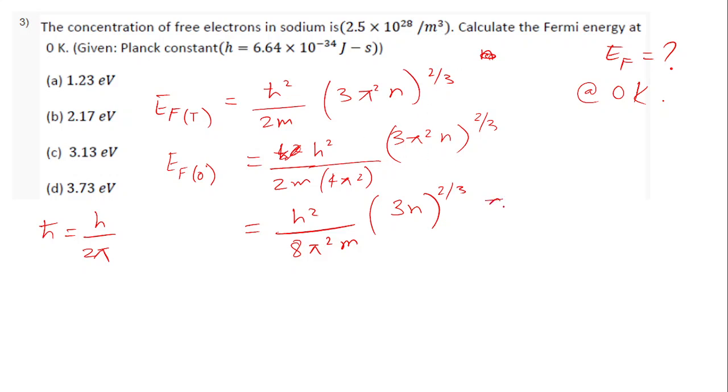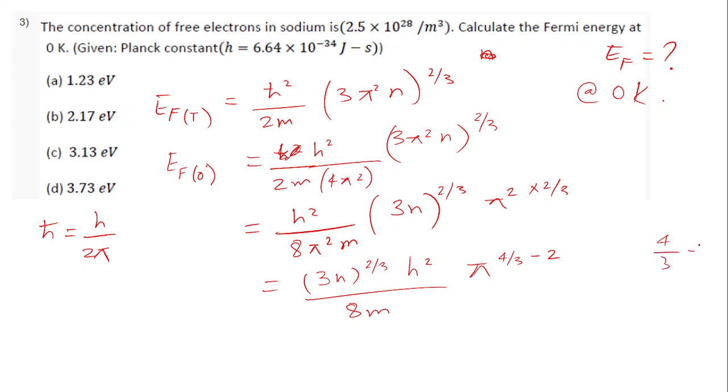So it will be pi square multiplied by 2 by 3, which means pi to the power 4 by 3, and we have pi square here. That means it will be 3n to the power 2 by 3 h square divided by 8m and pi to the power 4 by 3 minus 2, which means pi to the power minus 2 by 3, because 4 by 3 minus 2 is 4 minus 6 by 3, which is minus 2 by 3.